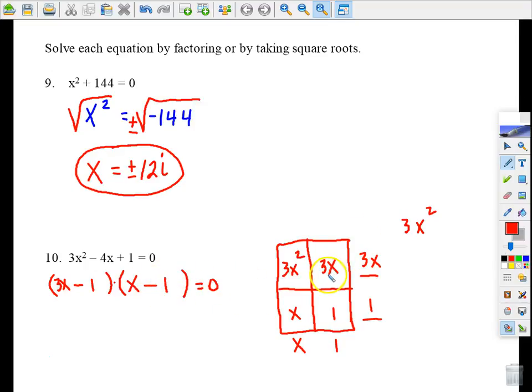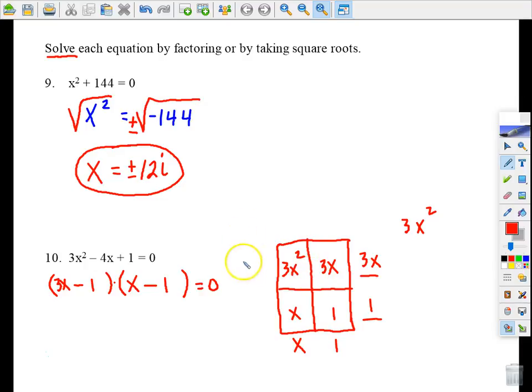Okay, another common mistake. I will have people on the test, they will get to this point, they've done the factoring correctly, they've used the box method great, and they think, I'm done. Well, remember what solving means? Do you remember what a solution is?